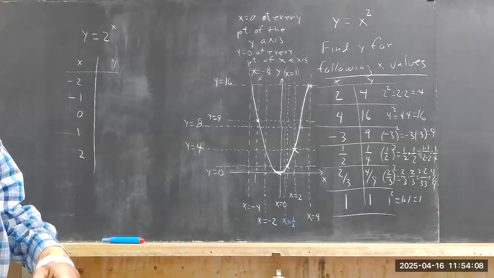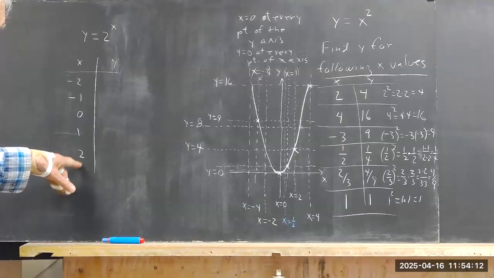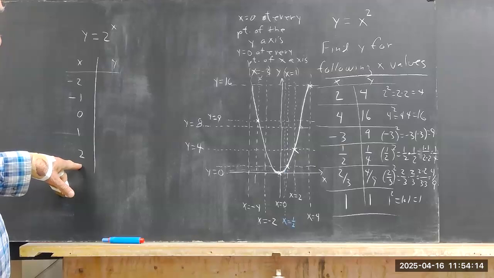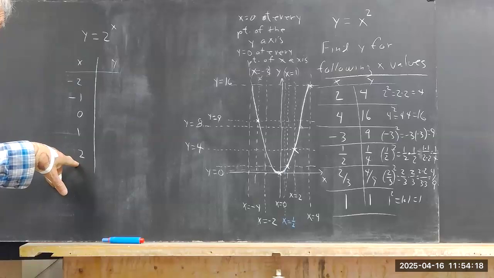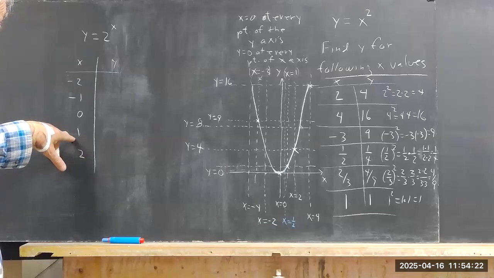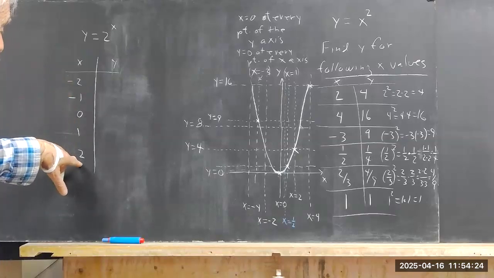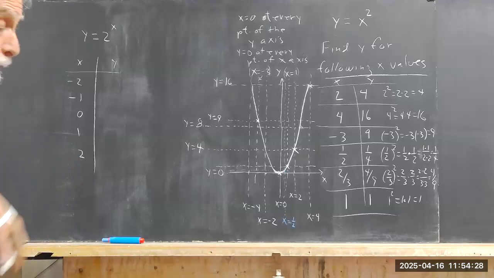Now, I recommend that you start at the bottom and work up, because the rules are easier. Rules get harder as you move up, so it's good to have your handle on at least one calculation, okay?